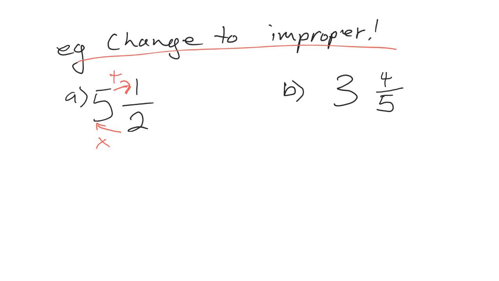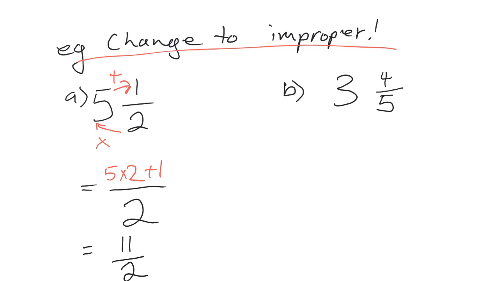So for 5 1/2, we bring down the 2, and then we go 5 times 2, and then we add 1, which is going to be 11 over 2.